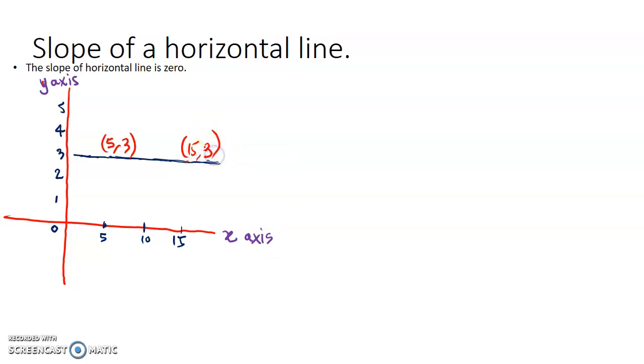So the slope formula, the slope of a line is y2 minus y1 over x2 minus x1. And if that is the case, what is my y2? My y2 is 3, as you can see here.